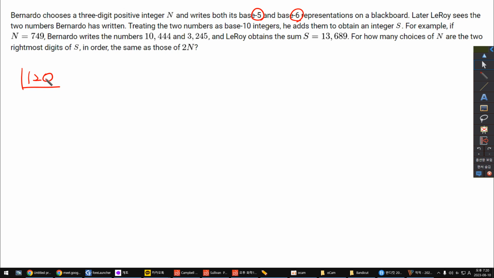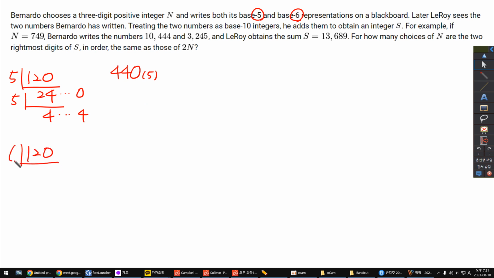So if we keep dividing 120 by 5, and use the remainders backward, this is equal to 120, because 4 times 5 squared is 100, and 4 times 5 is 20, that makes 120.